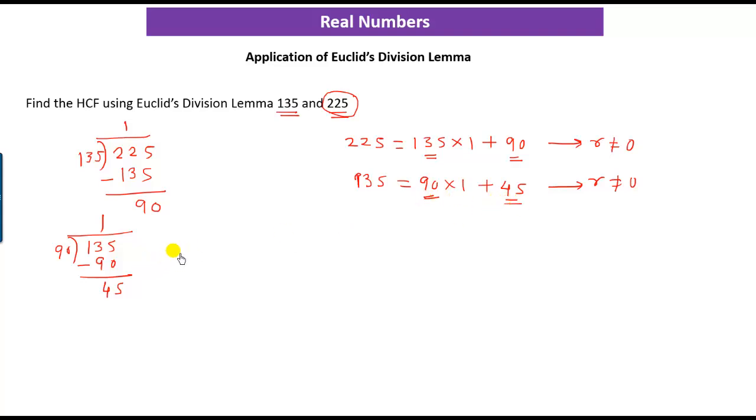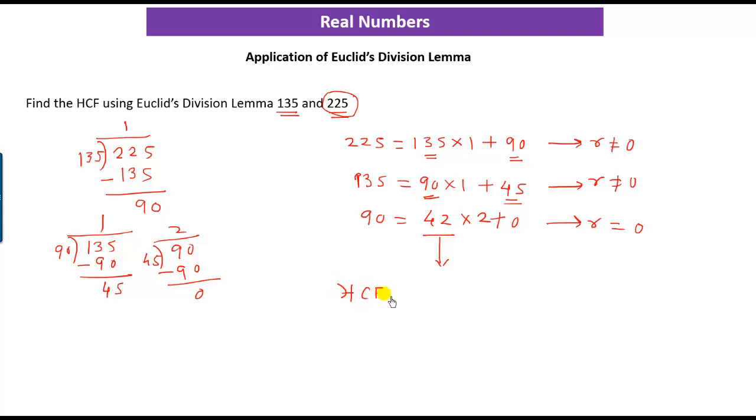So it will be 90 divided by 45. 45 2s are 90, so remainder will be 0. So we write this as 90 equal to 42 into 2 plus 0, and since remainder is equal to 0, we say that 42 is the HCF of the given numbers, and therefore HCF of 135 and 225 is equal to 45.